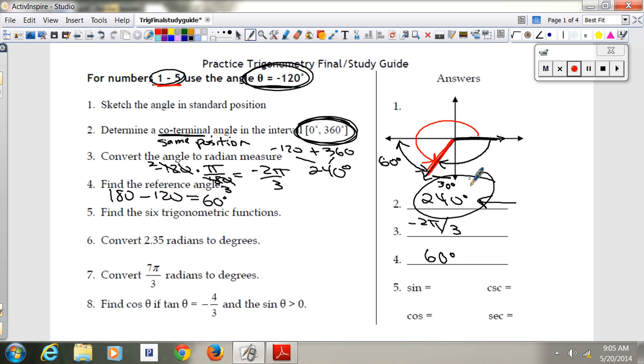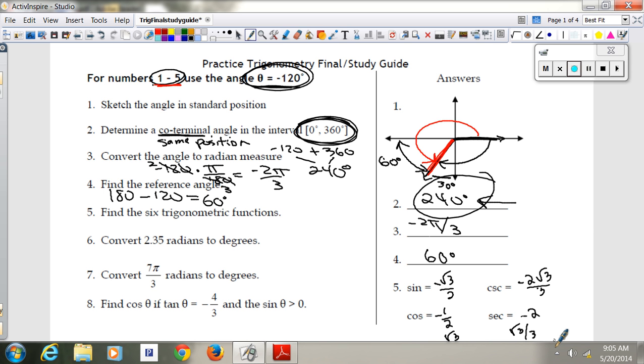If you read it all the way across, the sine is negative radical 3 over 2. Cosine is negative a half. And the tangent is radical 3. Your cosecant then is negative 2 radical 3 over 3. Secant is negative 2. And the cotangent is radical 3 over 3. That's all on your chart at 240.